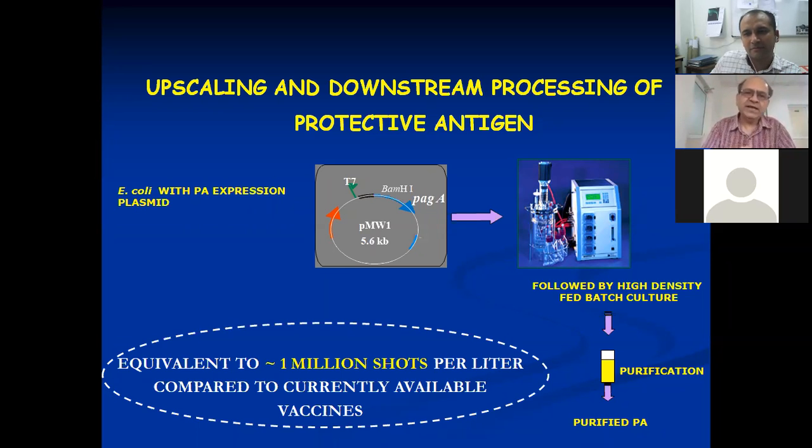So DBT agreed, and they gave us the money to buy bioreactors, and we optimized the conditions, and finally we were able to develop the technology to make 1 million shots per liter.